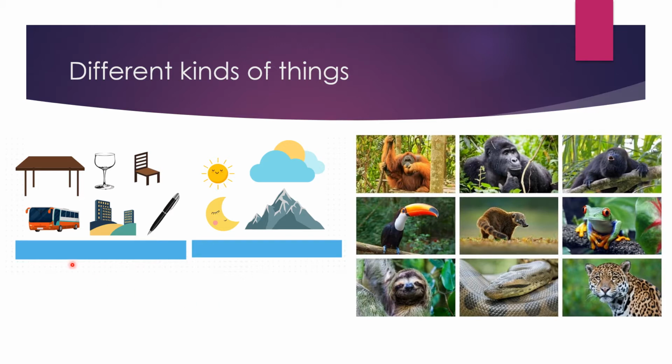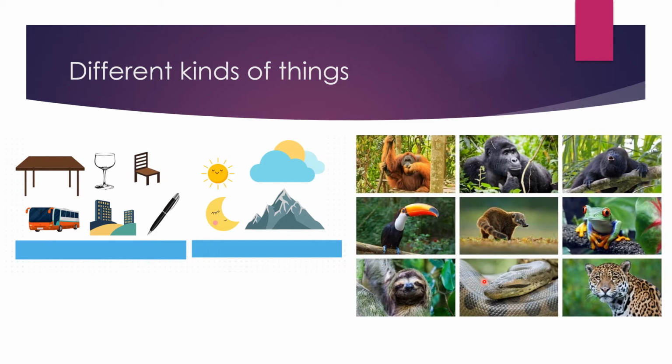In the very first case, these are the tables, chairs, pen, buses, and here also the sun, moon, mountain, cloud, and here several kinds of animals. Now, are all these things the same? No.